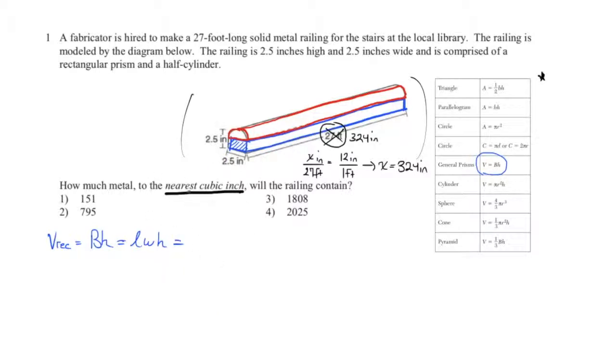We're going to plug in, for the length, our 324 inches. And for the width, we can use our 2.5 inches. Now for the height, looks like they're going to throw another trick at us. This 2.5 inches looks like the height, but actually that goes from this side to this side of the shape. It's not just the height of the prism, but actually the height of the entire shape.